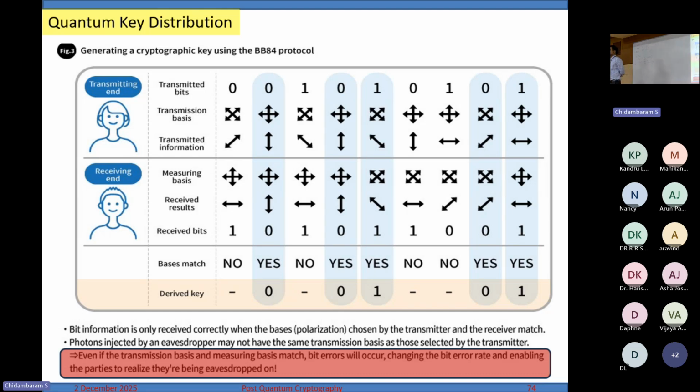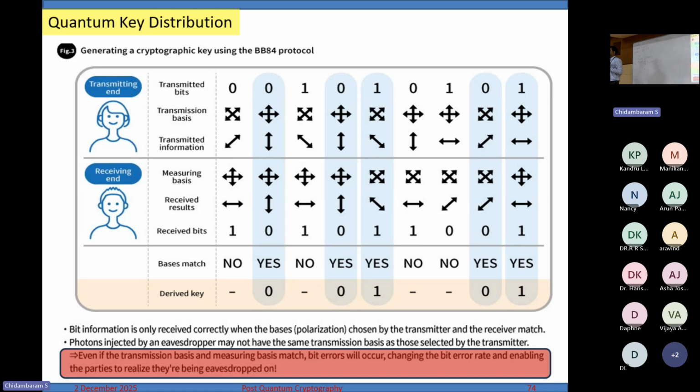Again, see, it is all about the basis. The basis in which we have sent, the basis in which the measurer measures; the measurer could be the actual receiver, or the measurer could be the eavesdropper. Correct. So if we are not worried about whether he would succeed, what we want to know is whether we are able to detect that there is an eavesdropping.